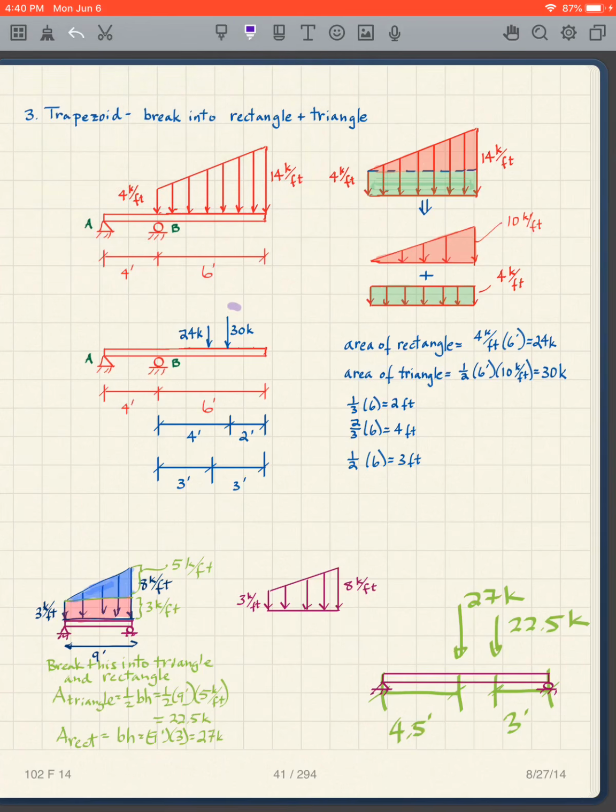Whereas the 30 kips is a triangle, and that means that we follow the 1/3, 2/3 rule, which means in this particular case we go 1/3 in from the fat side of the triangle. Fat side being here, the skinny side being over here. So 1/3 of the distance from the fat side, the total distance is 6, so 1/3 of 6 is 2. So it looks right there.